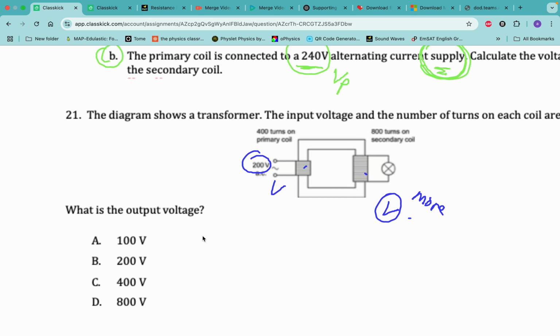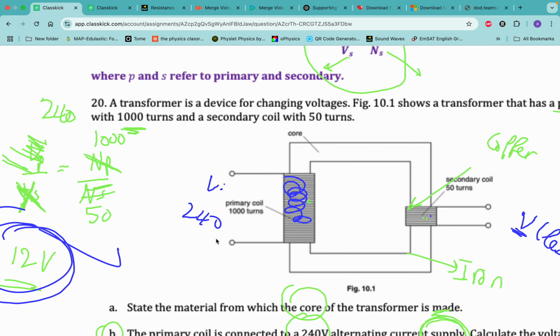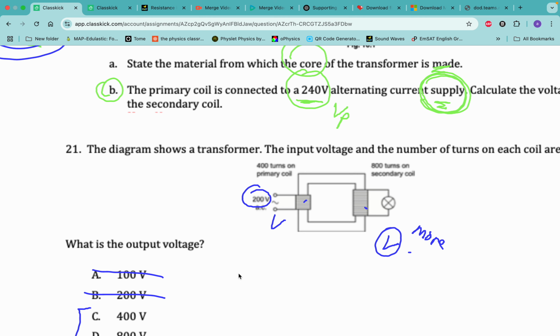So it could be 400 or 800, so you can eliminate just these two using the formula. Vp is not showing: Vp over Vs equals Np over Ns. This is connected to a supply, so obviously this is the primary.